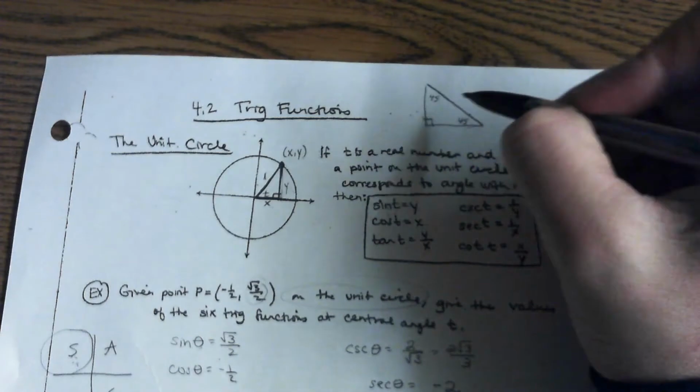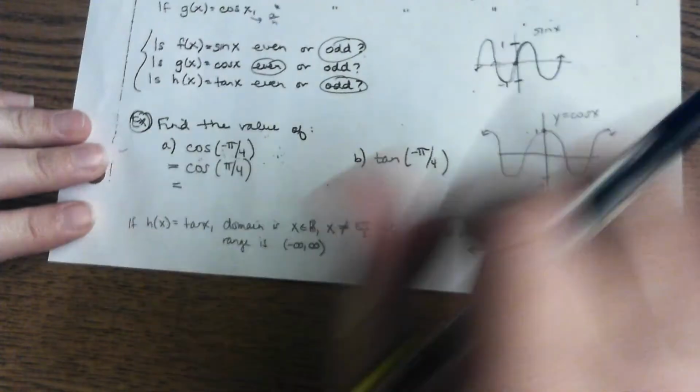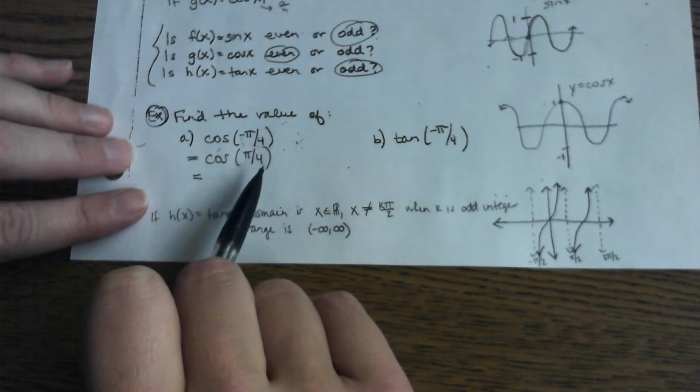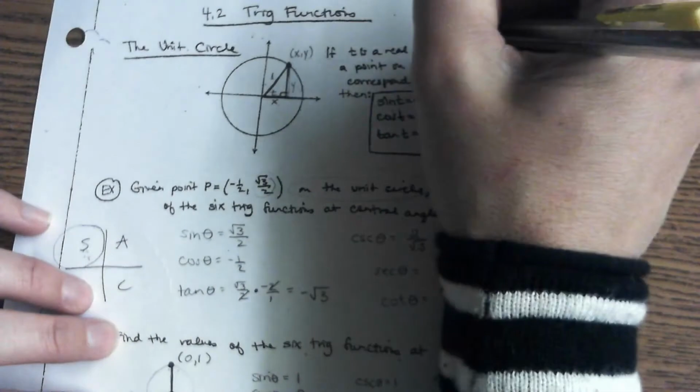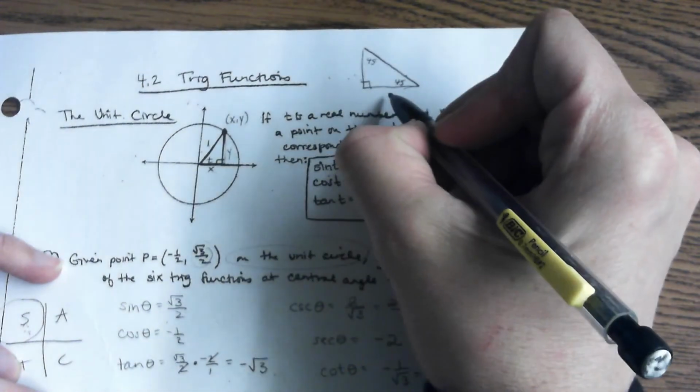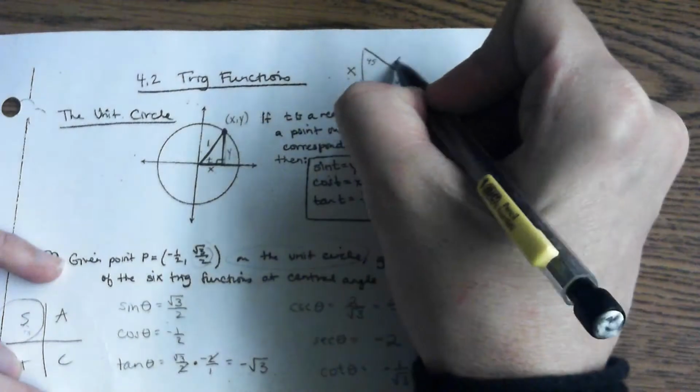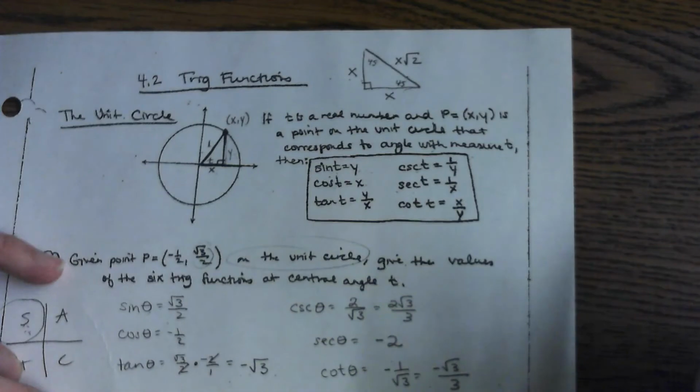I don't know if you guys remember your ratios. You probably don't, because I think they're not in geometry anymore. But I'll tell you, in a 45, 45, 90 right triangle, if your two legs are x and x, your hypotenuse is x root 2.